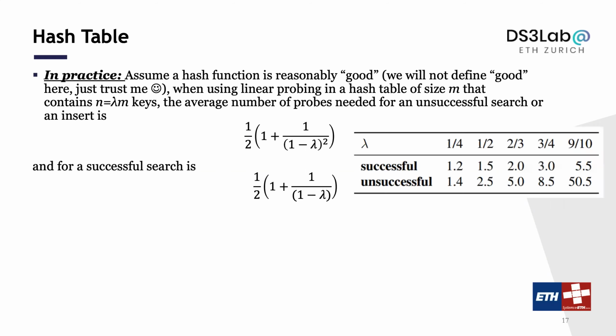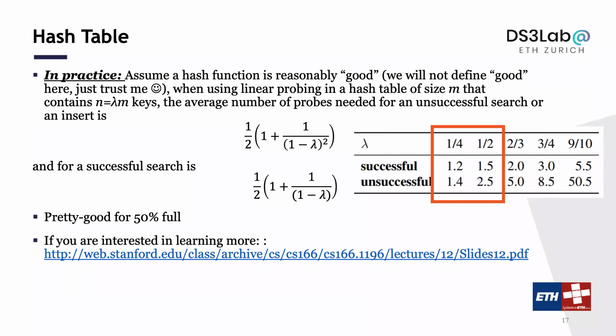So we can try filling in different constants for lambda, the filling factor. What this tells us is that assuming you give me a hash table that is 50% full, when lambda equals 1/2, the number of probes that I need to do is in expectation 1.5 probes for a successful search and 2.5 probes for an unsuccessful search.